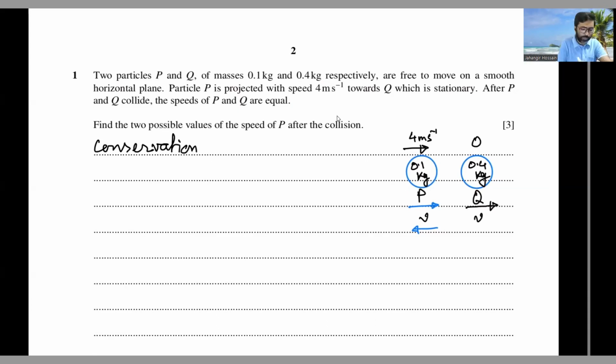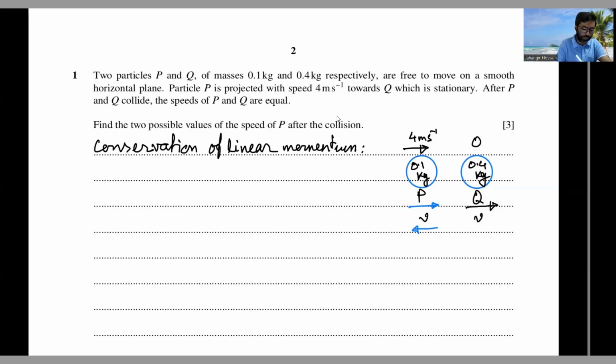Conservation of linear momentum states that the sum of momentum before collision equals the sum of momentum after collision. Since momentum is a vector quantity, you have to consider one of the directions to be positive. Let's say the initial direction of motion of P is positive.